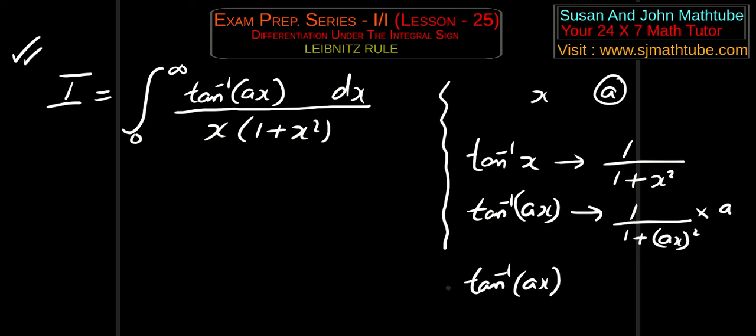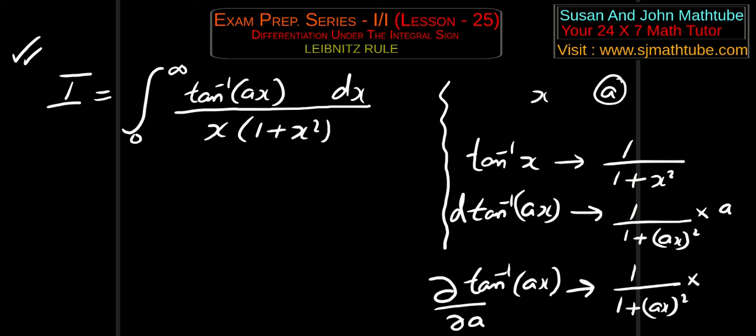I mean not d but curly d, the partial with respect to a. Can you answer that? 1 by 1 plus ax the whole square times x. Because when you perform partial differentiation, a will be the only variable because we are differentiating with respect to a. And that means x is a constant and a will be the variable.